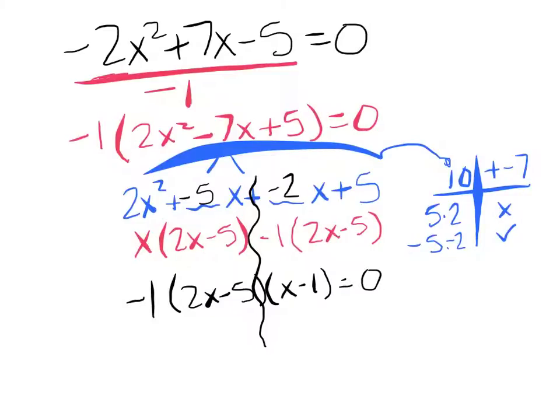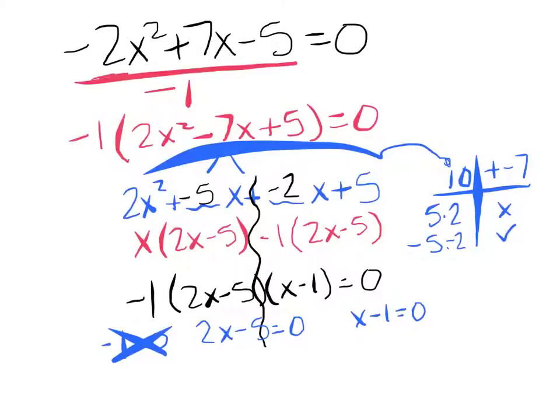Now we're ready to solve. -1 equals 0. If the factor does not have an x in it, we don't need to consider it because -1 doesn't equal 0. It doesn't affect our solutions at all. We do need to solve the other two, though. 2x minus 5 equals 0, and we need to solve x minus 1 equals 0.